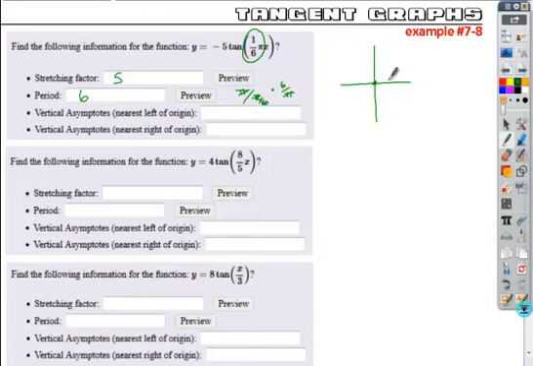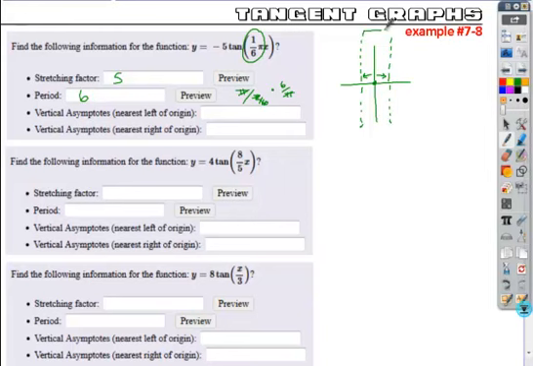We know that our graph has to pass through this. Our basic generic tangent graph looks like this. So my vertical asymptote is going to be to the left and to the right of this point in the same distance, right? And that same distance is going to be what fraction of my period?